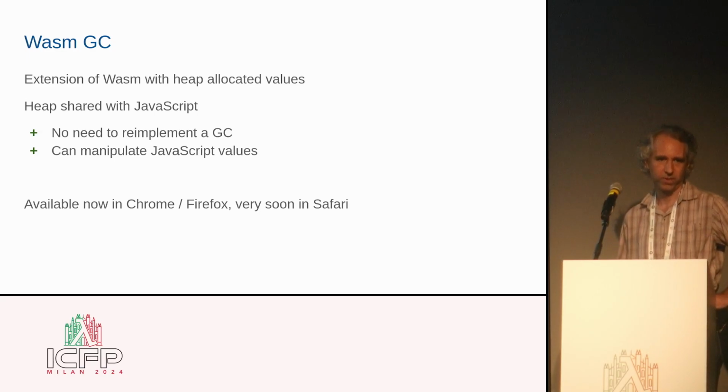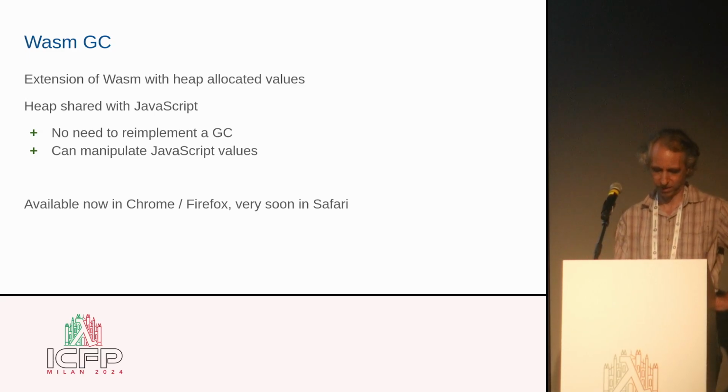And the heap is shared with JavaScript. This is really a game changer because we no longer need to re-implement a GC. And it's possible to directly manipulate JavaScript values. This extension is available at the moment in Chrome and Firefox, and very soon in Safari. So we can really use it now.